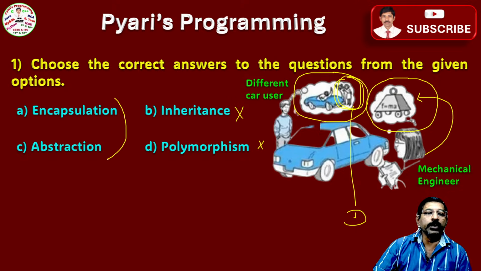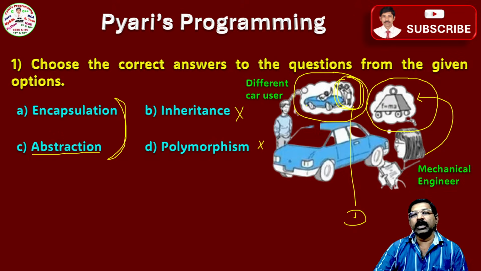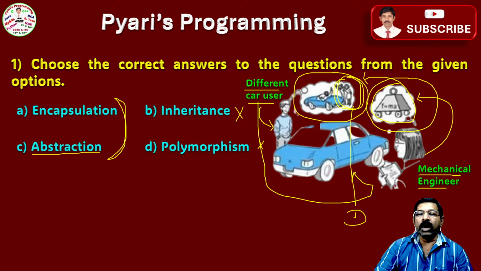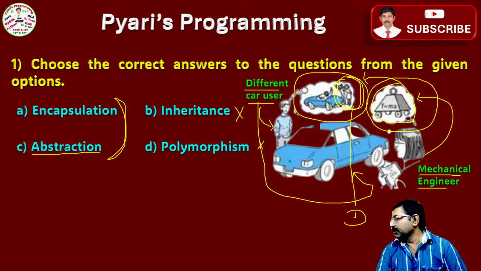There is a clash between these two, where abstraction says that it hides the inner implementation, so how it is implemented is hidden from the user. But here it is talking about different users using this car, and the method is applied by the mechanical engineer. Both different users and the mechanical engineer are dealing with this car. So what does it indicate?